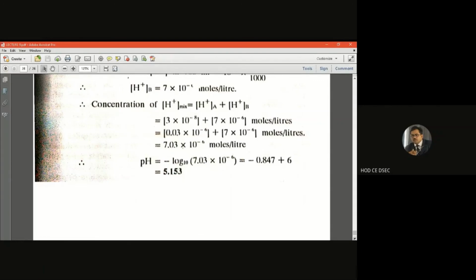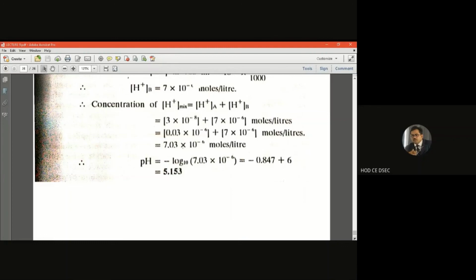That is the weighted average, the weighted summation, and that weighted summation will finally give you the final mixing concentration of H plus. And when that H plus ion has been found, then pH obviously will be found by substituting the value of H plus in the minus log 10 H formula, which is 5.153.